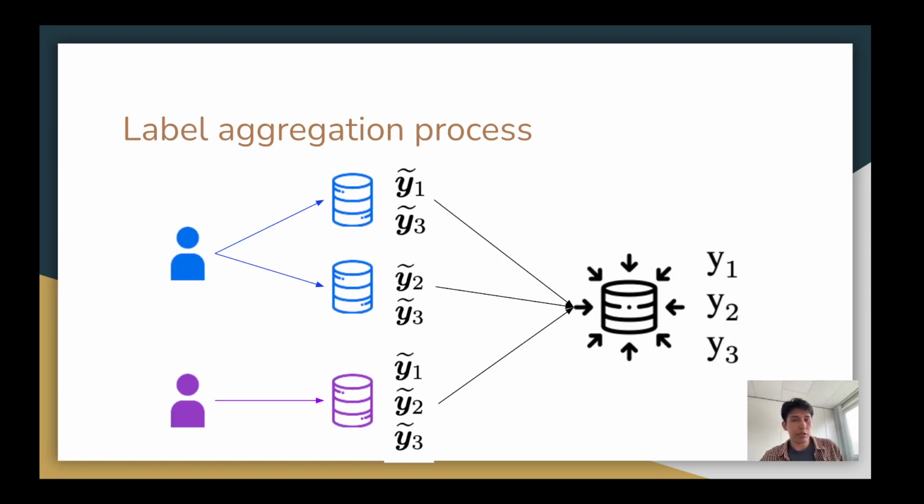As you can see, each data point may be labeled multiple times across the weak sources. For example, data point 1 is labeled by weak source 1 and 3. So y tilde 1 at the top and y tilde 1 at the bottom. The main research question here is to develop a mechanism for aggregating these weak labels to estimate the latent true label y's depicted by the black cylinder.